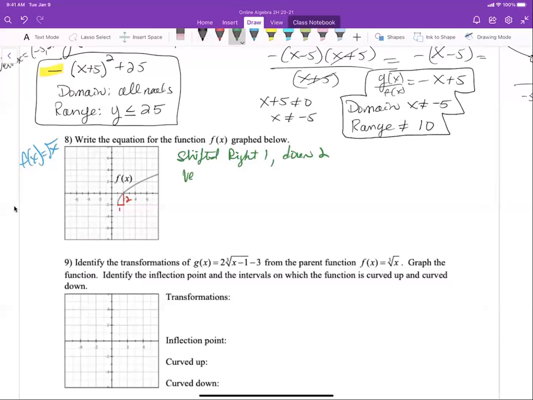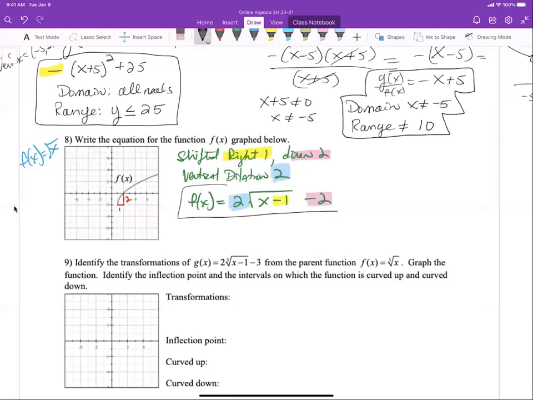And so we have a vertical dilation of 2. I believe that's all we have. So our new function is f of x equals 2 times the square root of x minus 1, minus 2. The negative 1 is under the root, so here is my shift right. This is my shift down. And here is my vertical dilation. That is all that I was asked to do.